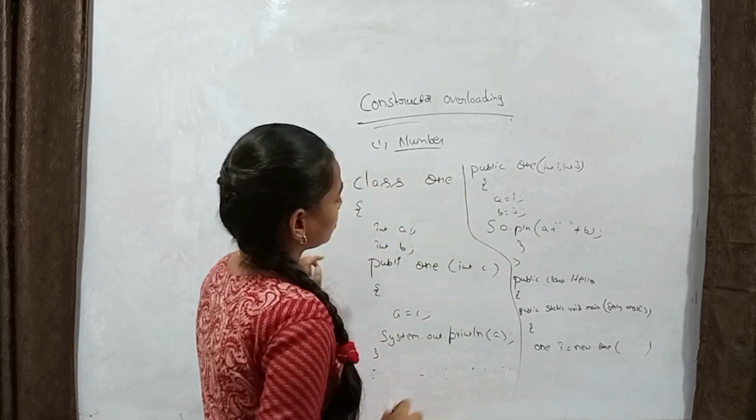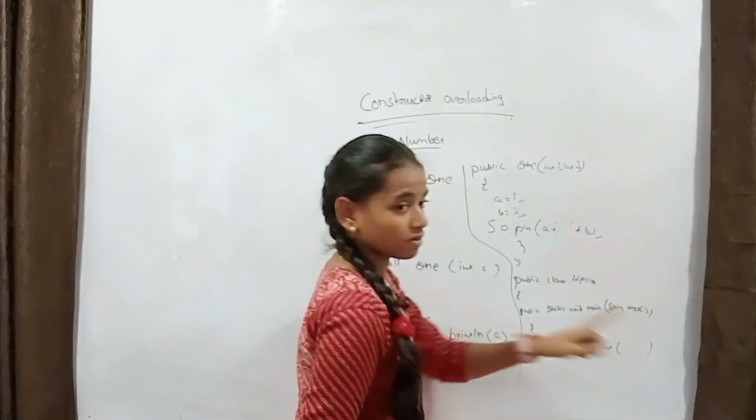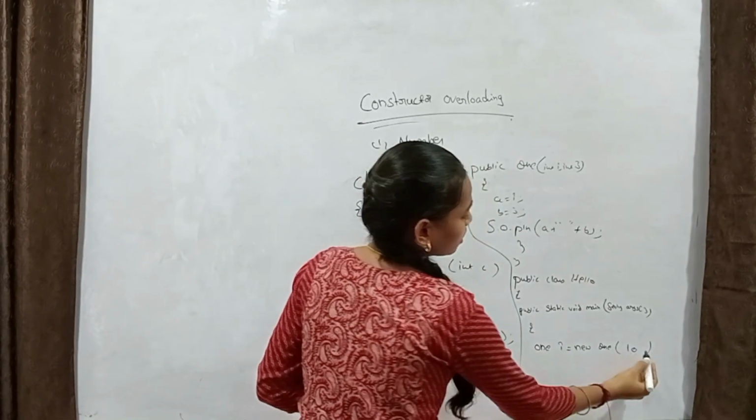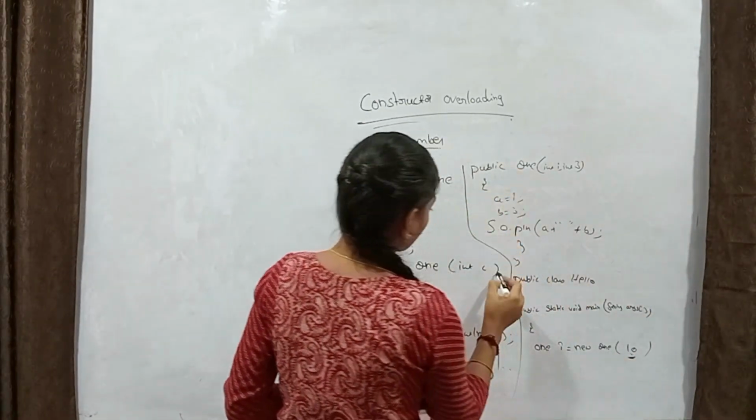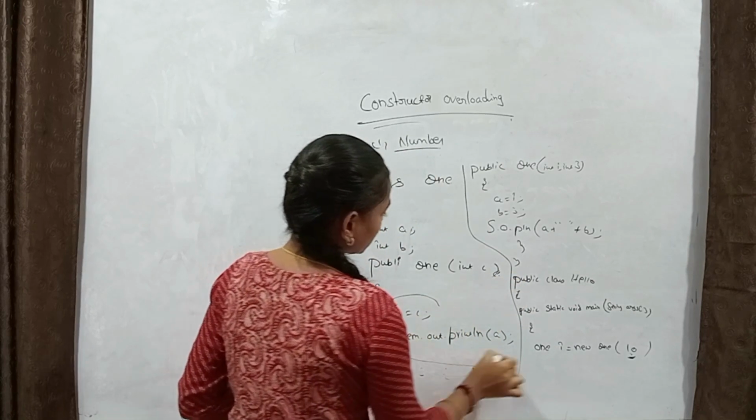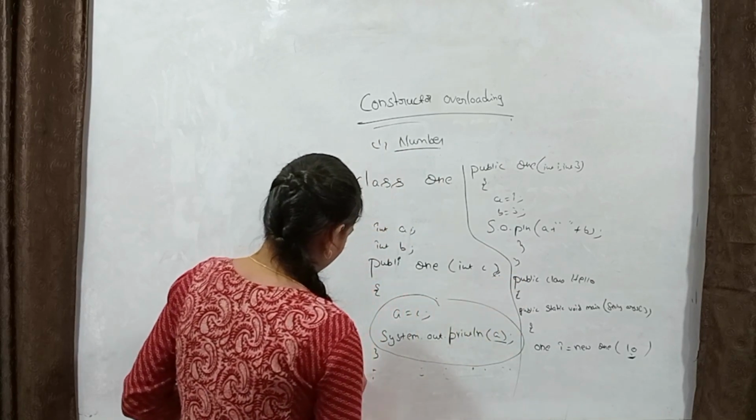Here if I pass a value 10, I pass only one value. So JVM will go to the first constructor and run this code, and it will give us output 10.